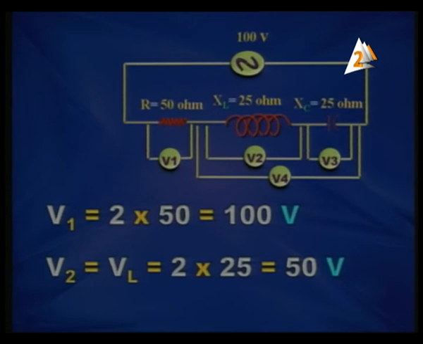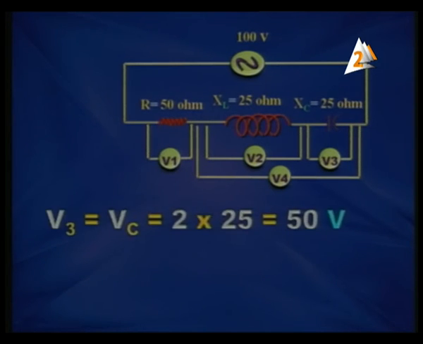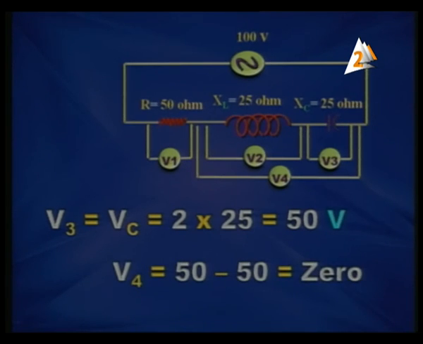Voltage across the coil, V2, which is VL, is I XL, 2 times 25, it is 50. Voltage V3 across XC is 2 times 25, it is 50. Your attention. Voltage denoted by V4 is the difference between V2 and V3, it is 0.